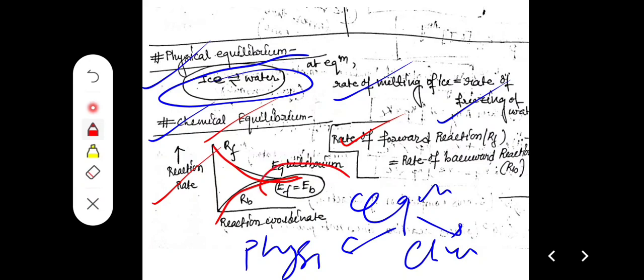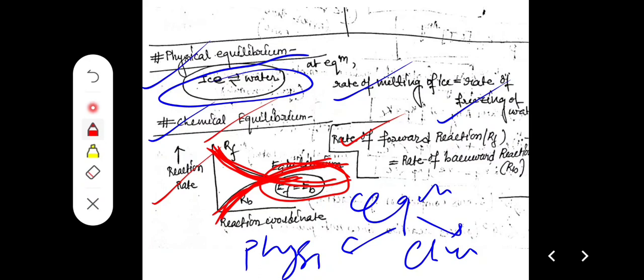In that region equilibrium is maintained, RF equals RB. As the reaction progresses, the forward reaction occurs because reactant concentration decreases and product formation increases. This curve decreases, and this curve increases.